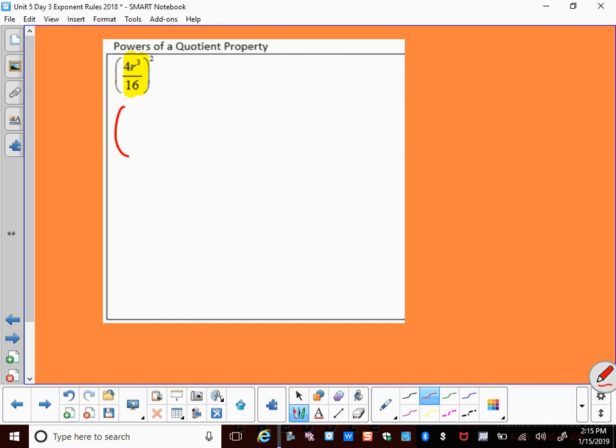Let's say we simplify this, and this 4 over 16 just becomes what? What's 4 over 16? 1/4. So we can have 1 over 4, and my exponent is 2. All I did was simplify my parentheses first.